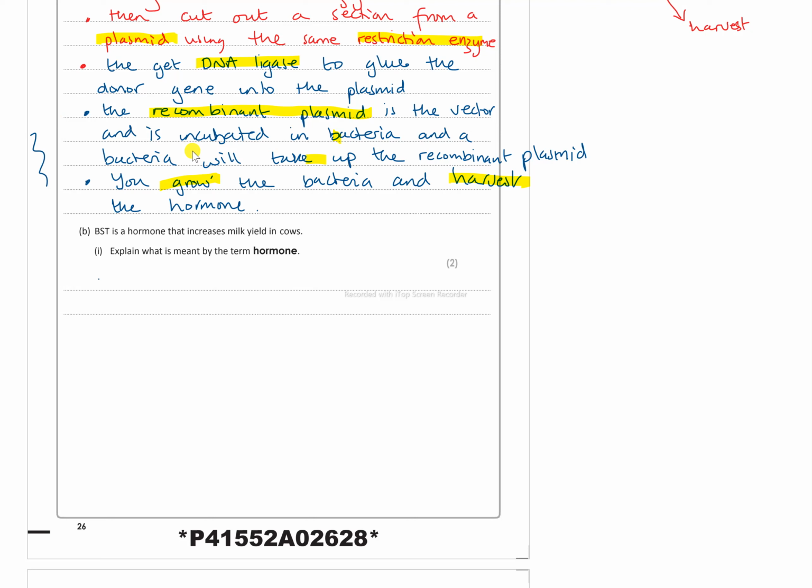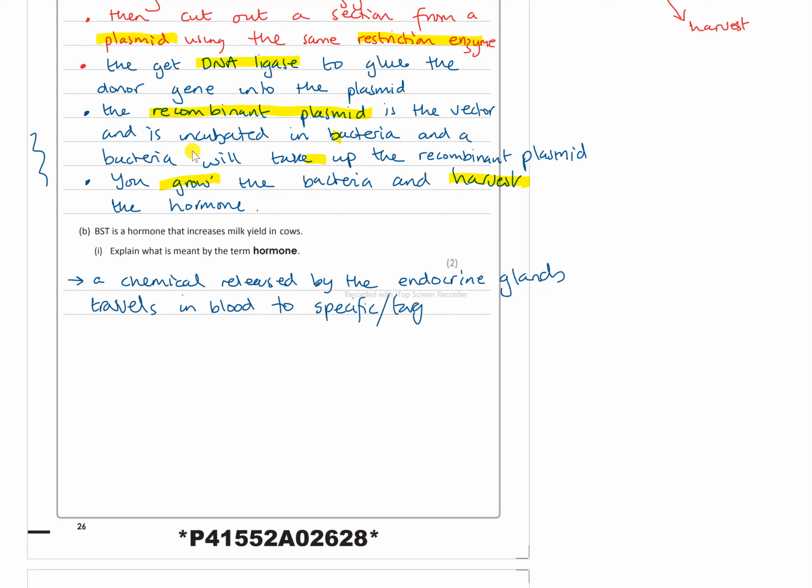So remember what we said a hormone was? It's a molecule or chemical released by the endocrine glands, and it's released into the blood and travels in the blood to a specific or target organ, and produces the desired effect.